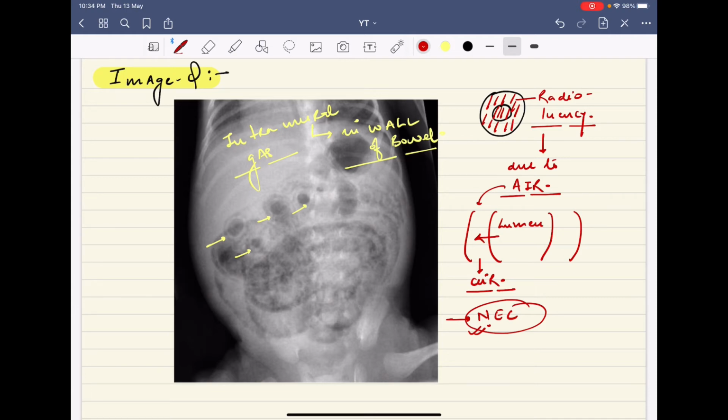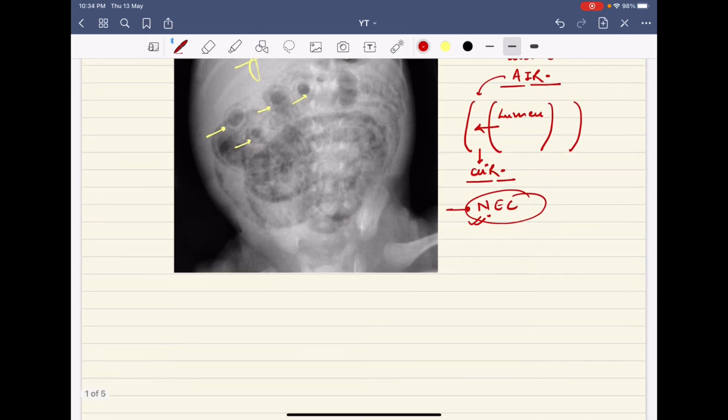Now in the question you have to answer this part as a diagnosis, or they can ask you another question, which is what is the stage of this necrotizing enterocolitis which is seen in the image. So you know that necrotizing enterocolitis is classified by the stages known as Bell's staging.